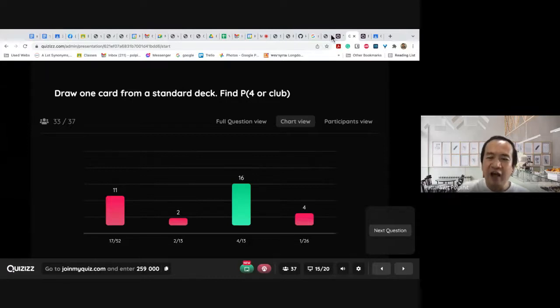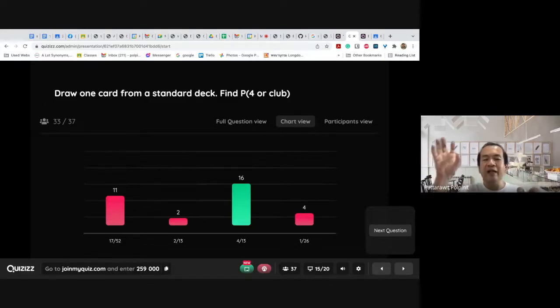However, there are 13 cards that are clubs, because each suit has 13 cards. So 13 clubs and 4 cards of number 4. However, we can't just add 13 plus 4, because there is some repetition: the 4 of clubs is both a 4 and a club.